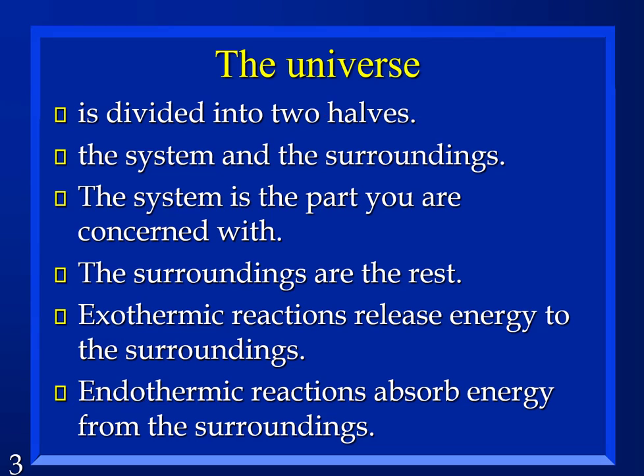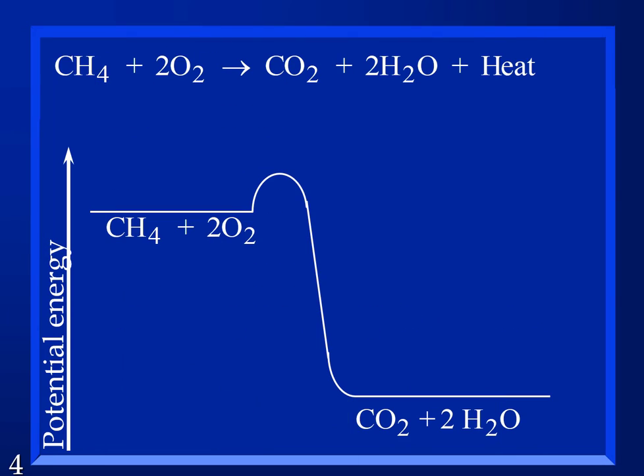Okay? So here is a graph of what happens in a Bunsen burner. This is energy, okay? And this is how far along the reaction is. I start off with CH4 and O2. I made carbon dioxide and water. There's complete combustion. Okay?